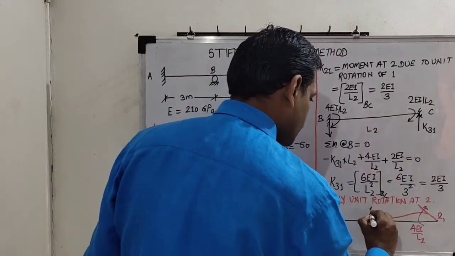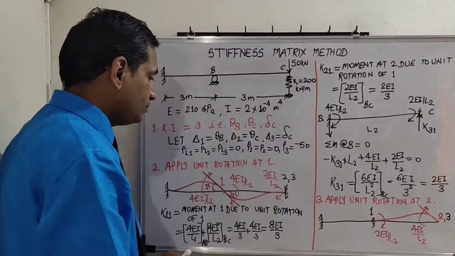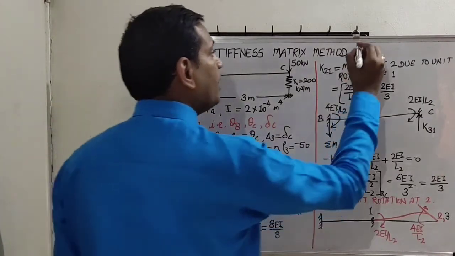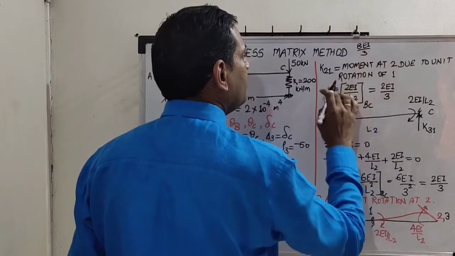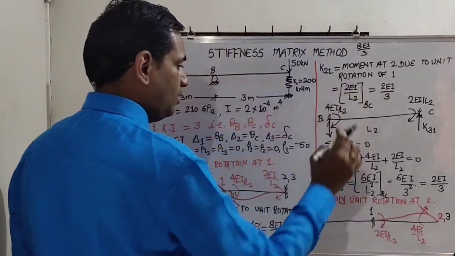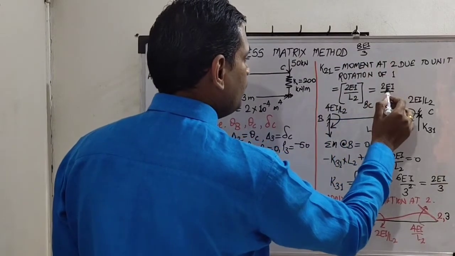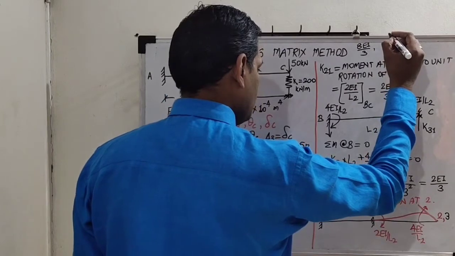So this is location 1, 3 is also on joint C. Now we will just note down these values here. K11 is 8EI by 3. Okay, 8EI by 3. The remaining 2 are here. 1, 2 and 3. So we will just note down here.